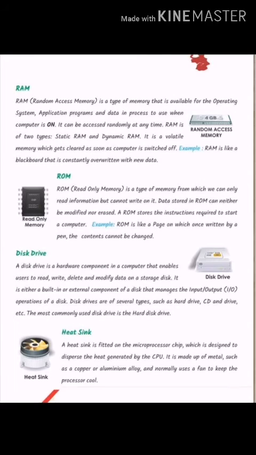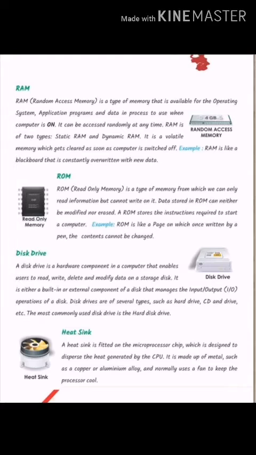RAM, random access memory. It is a type of memory which cannot store content for a longer period of time. It is a volatile memory, which means the memory gets cleared as soon as the computer is switched off. They are of two types, static RAM and dynamic RAM.